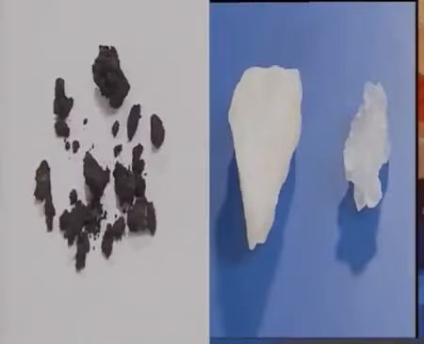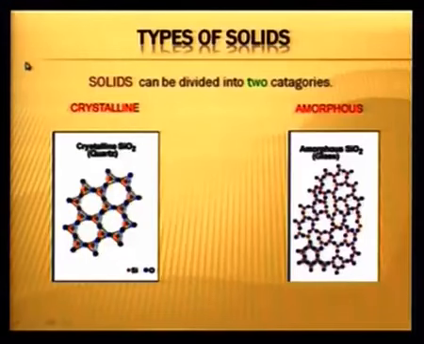You can see the difference between the shapes of the two types of solids, where the arrangement of particles has been shown. On the left-hand side the arrangement of a crystalline solid is shown. In both cases we have taken the example of SiO2. In crystalline form it is quartz. In quartz you can see the arrangement of particles is regular and the same pattern is observed everywhere.